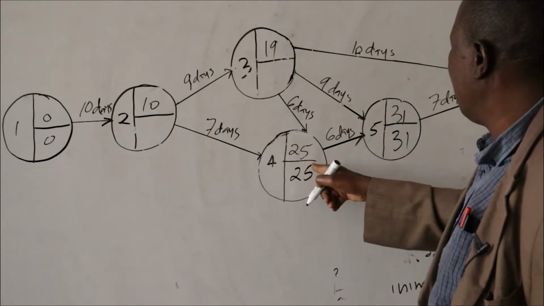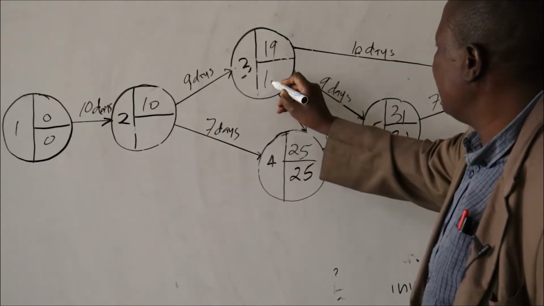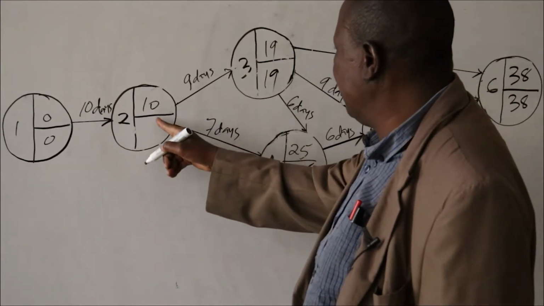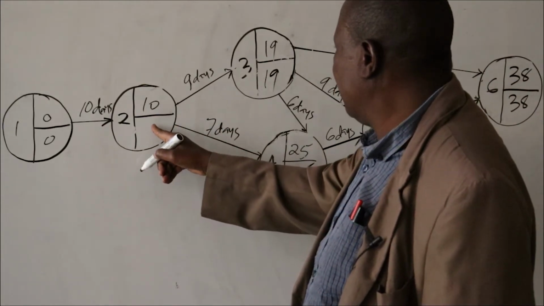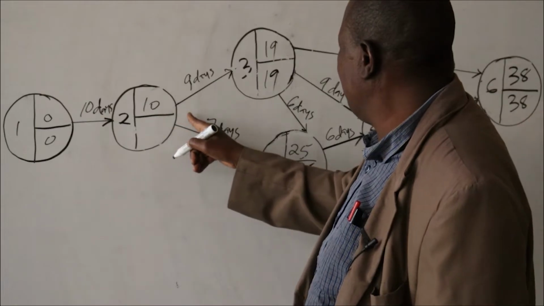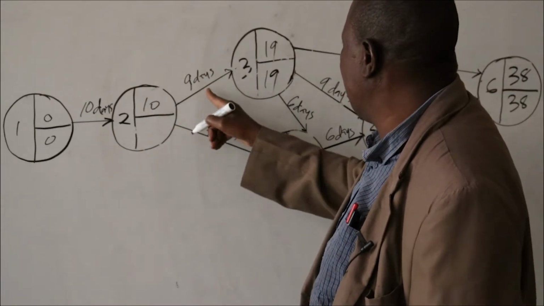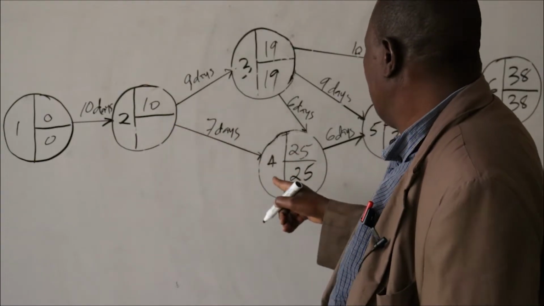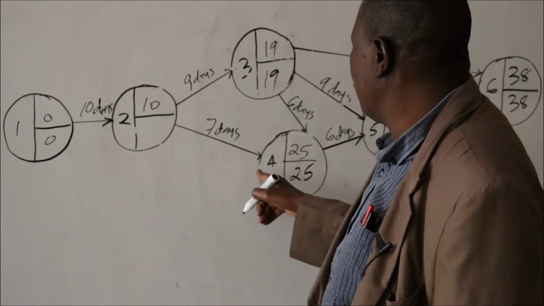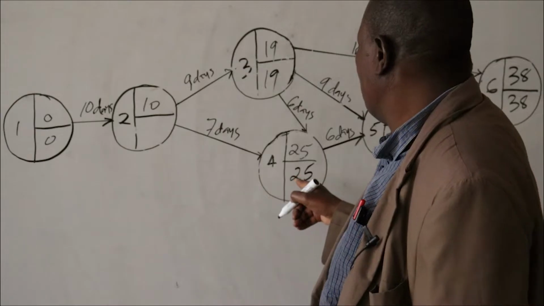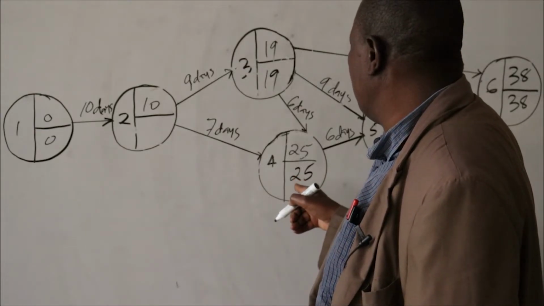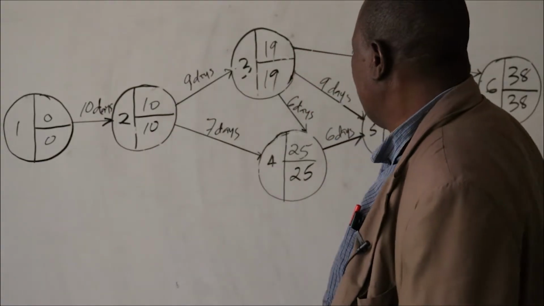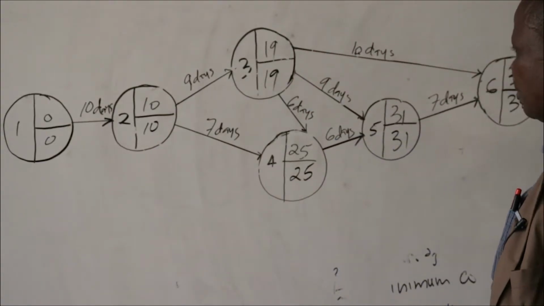Then 25 minus 6 is 19, is the minimum. 19 minus 9 is 10, and this one gives us 25 minus 7 is 18. So this is the one we are going to take. This is 19 minus 9, which is 10.